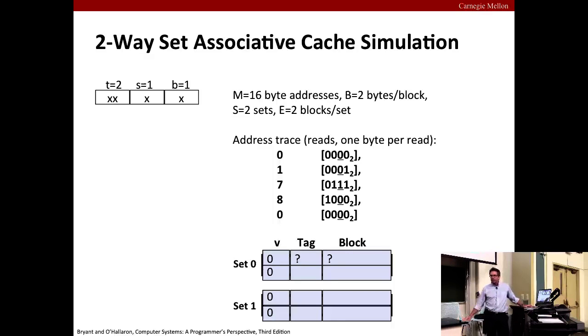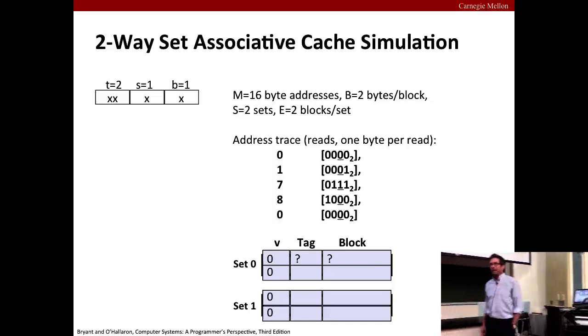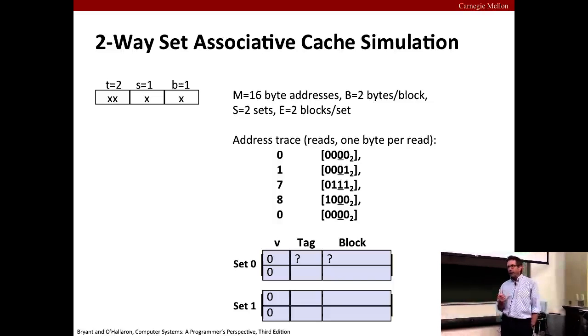Yes? How do you decide which block to replace? That's a really good question. There are a lot of different algorithms. A common algorithm is least recently used. By locality, you want to keep blocks in the cache that are being used a lot. So if a block isn't referenced for a long time, by sort of the inverse locality principle, it's likely not to be referenced in the near future.